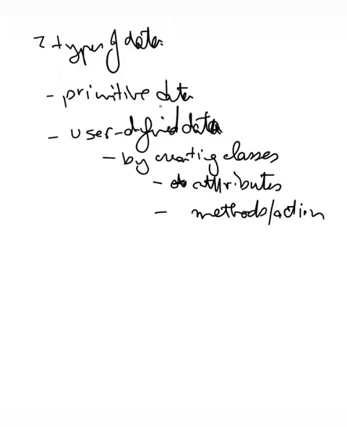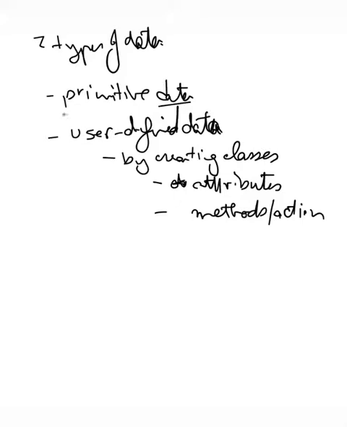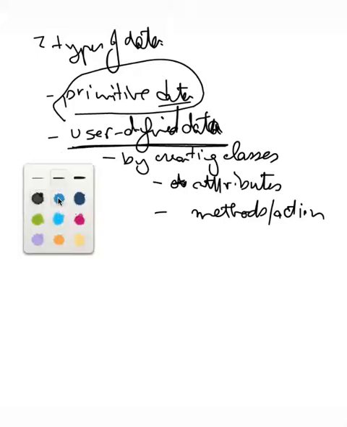So primitive data is when you have only one value. Each primitive data item represents one value. In the problem that we have here, we have 3 values. So the first thing that comes to mind is that you do not have any primitive data type to represent it. The solution is to use a user-defined data type, which means that we will need to create a class.